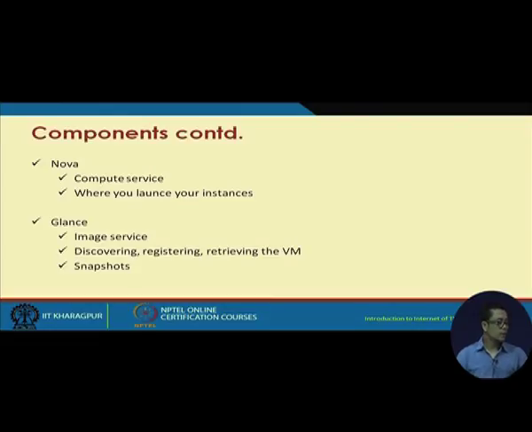And Glance. Glance is the image service. For installing the instances, we need images, so for this we will use Glance. It is also useful in discovering, registering, and retrieving those VMs. Through Glance, we can also take snapshots so that we can use the snapshot later for the installation of other VMs.